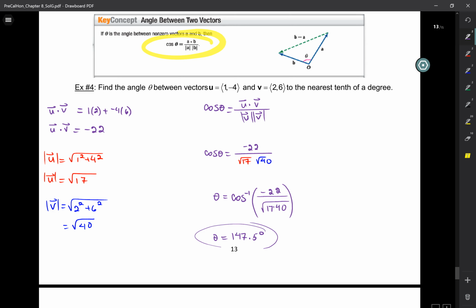What have we found? Take a look at vector U. It's at 1 comma negative 4. That's vector U. Vector V is 2 and 6. That's vector V. And what we just found is that that angle is 147.5 degrees.